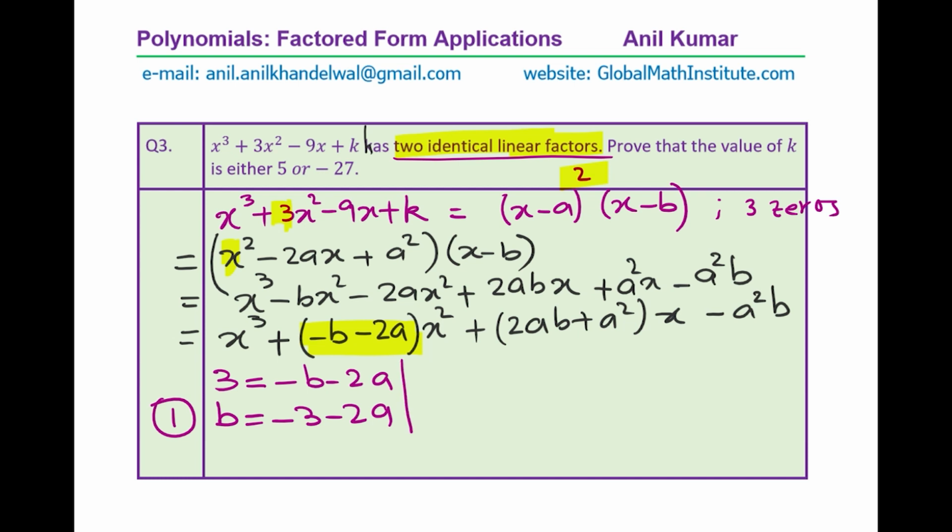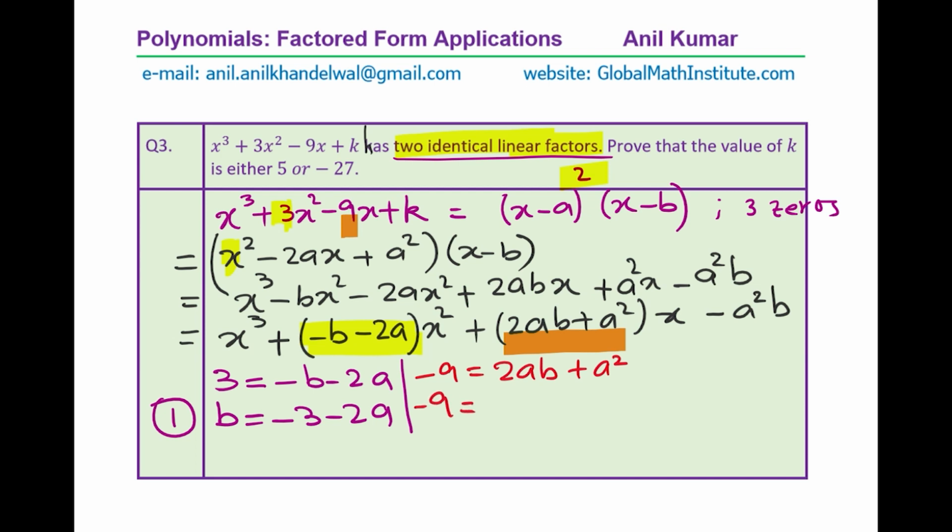Now comparing the coefficients for x, we can write down the second equation, which is minus 9 is equal to 2ab plus a square. We can substitute what b is.